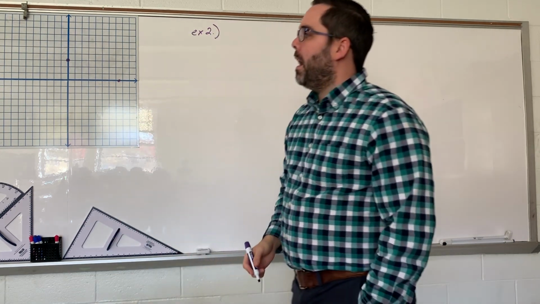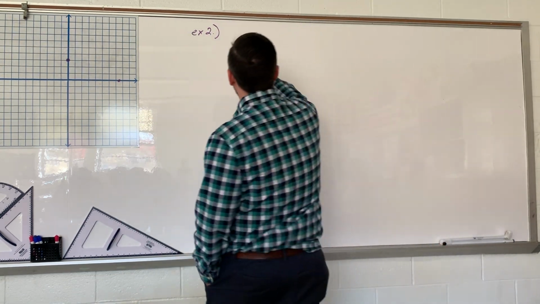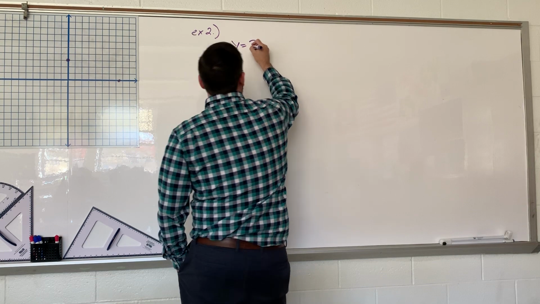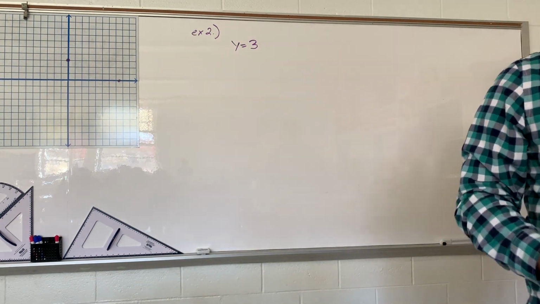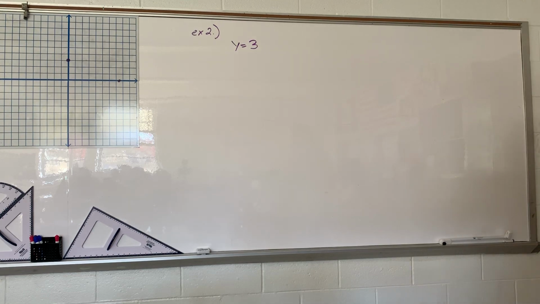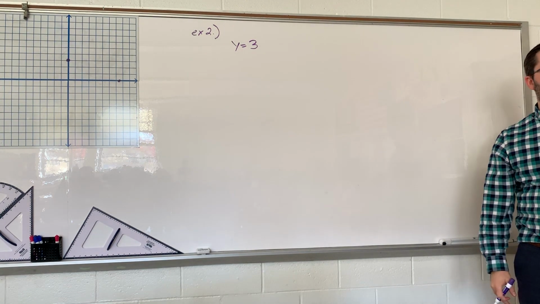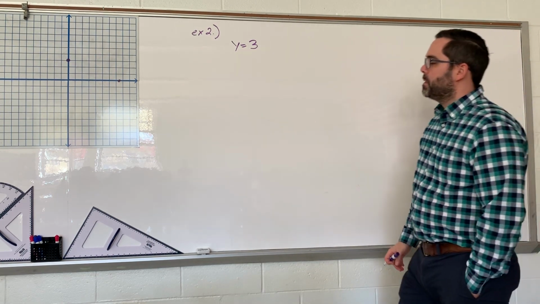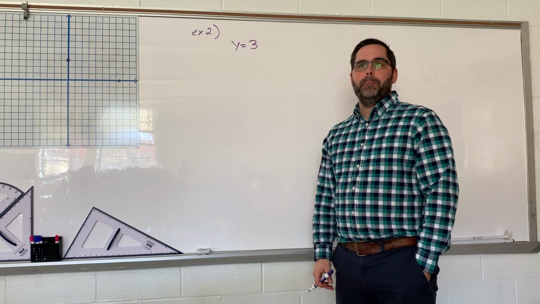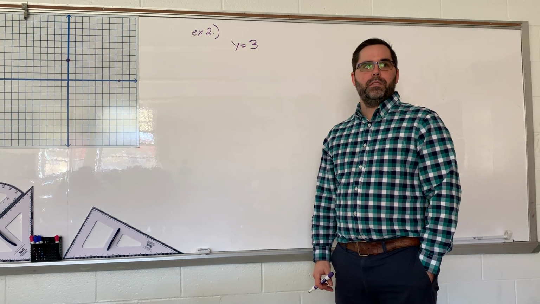So let's look at y equals 3. How is this interpreted in standard form? Well, what's missing? X. So if x is missing, what's not going to happen?